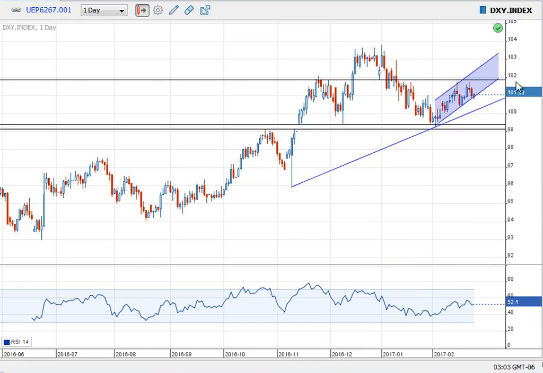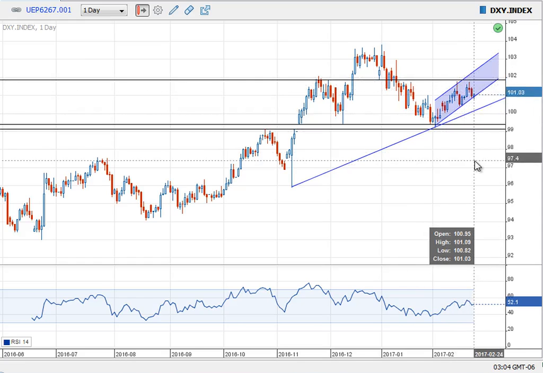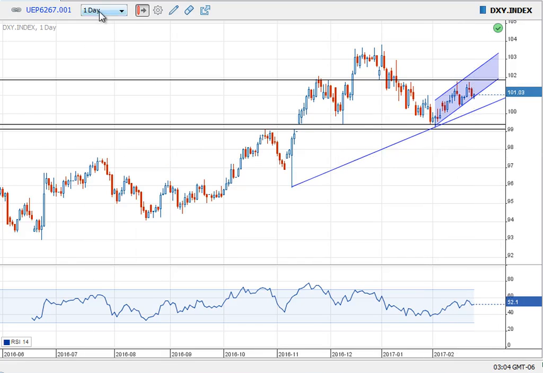You can see that we tested this zone once and twice on the daily, and then price printed a very strong rejection candle, a very strong tail, a very large tail doji, and another indecisive candle when we tested it again.